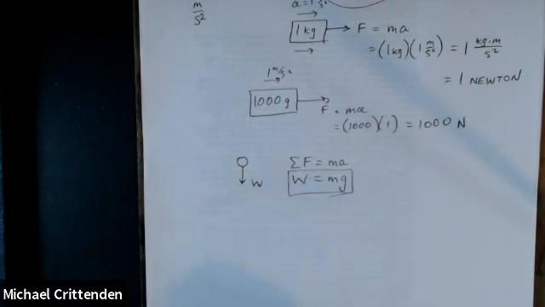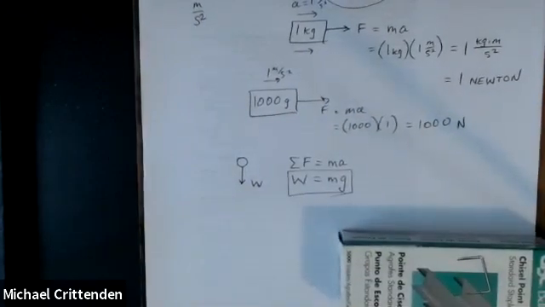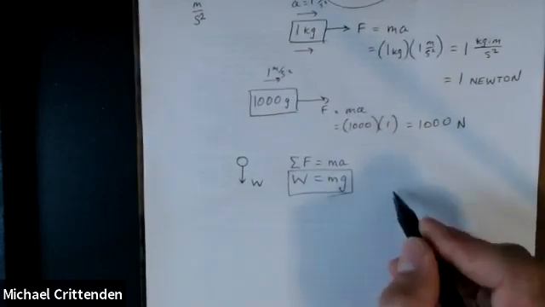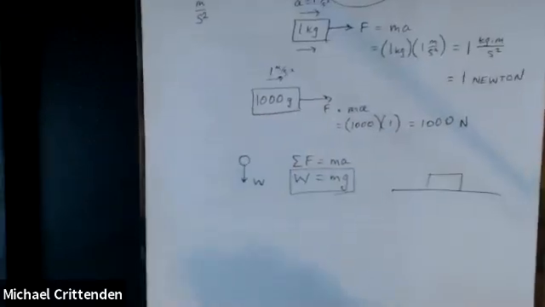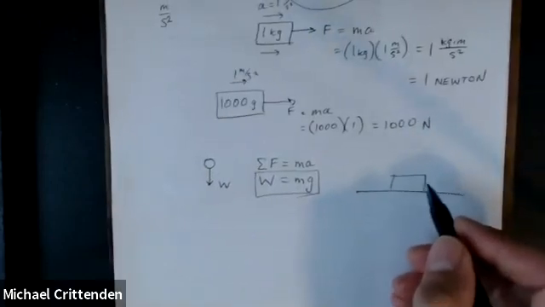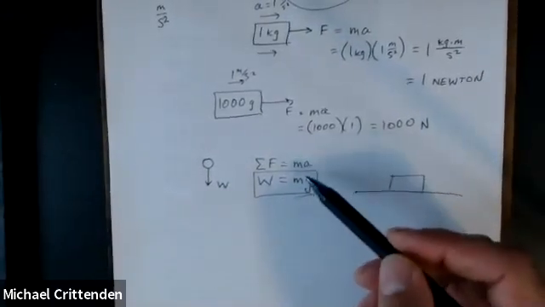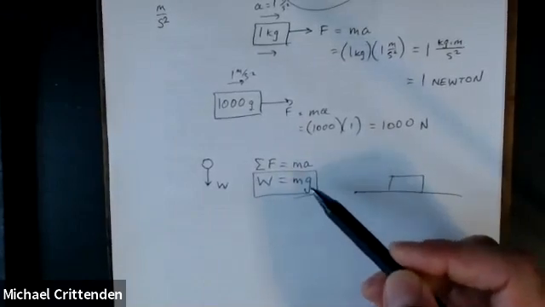Now, if something is not free-falling, like here's my box of staples again, if you were looking at it from the side, there it is sitting on the table. What I want to do is caution people not to confuse this with that.